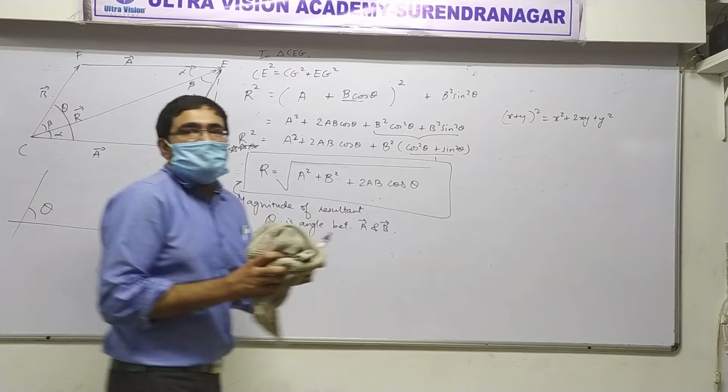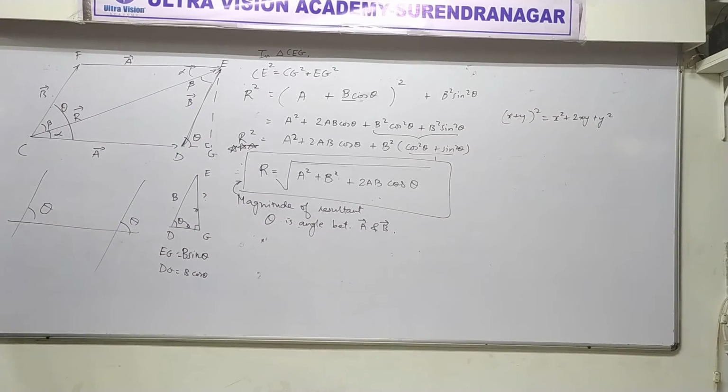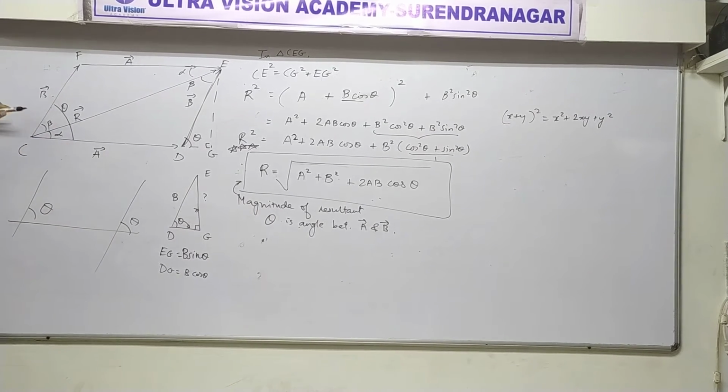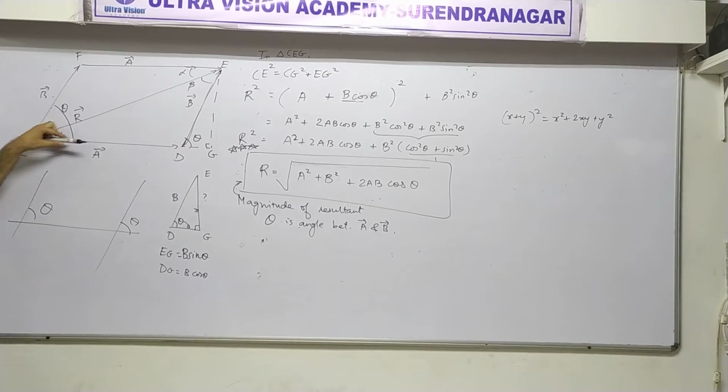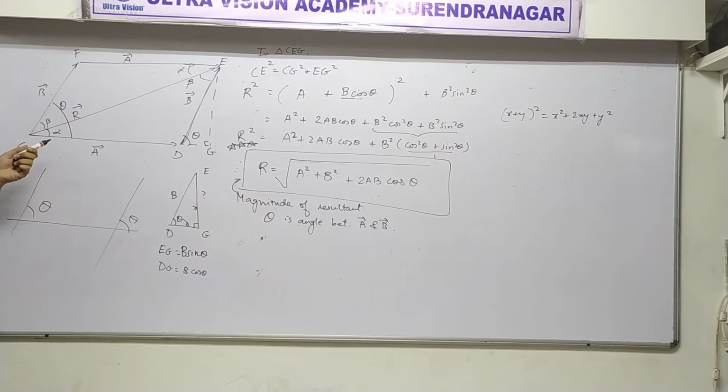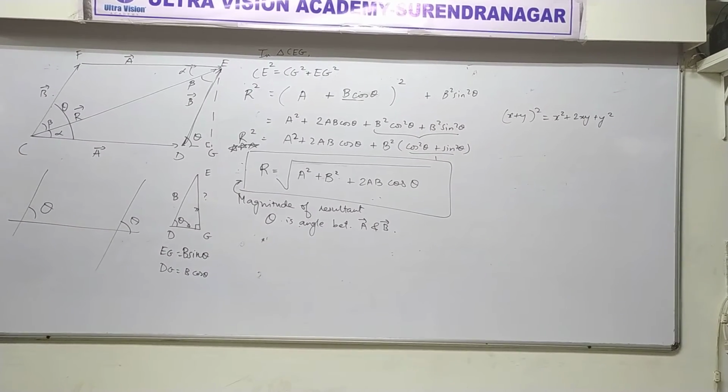Now let's talk about the angle of resultant. We'll find out how much angle R makes with A. I repeat what I've said, we'll find out how much angle R vector makes with A vector. Alpha. Can you see it in that figure?